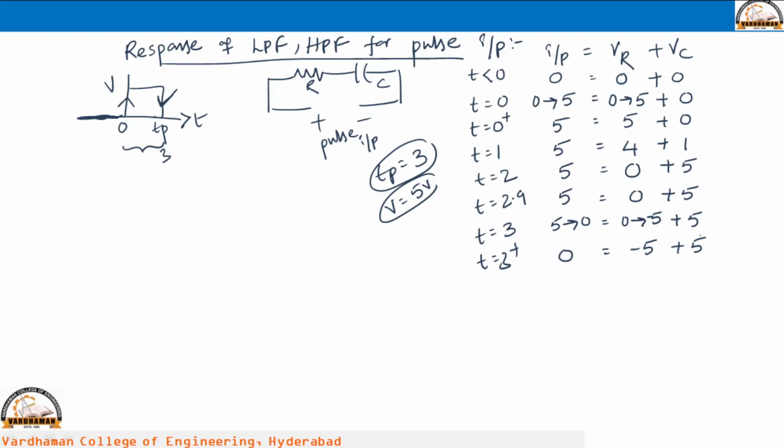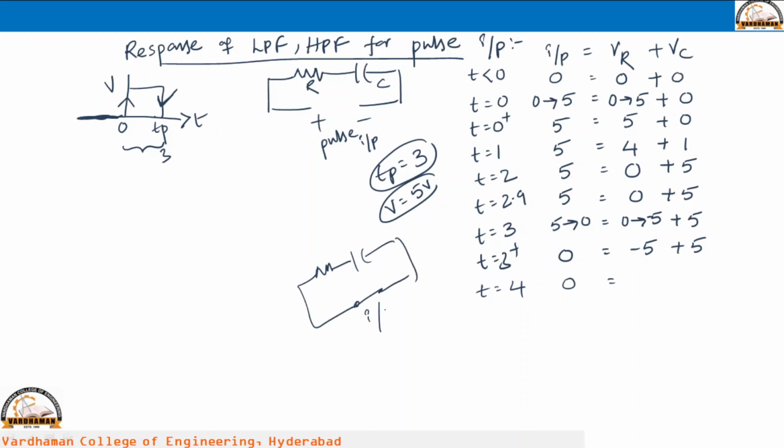Now, if you observe, after t is equal to Tp seconds, or in our example 3 seconds, there is no supply now. Okay, supply became 0, but KVL must be satisfied. Now, within the circuit, resistor is there, capacitor is there, and the source has ceased to 0.